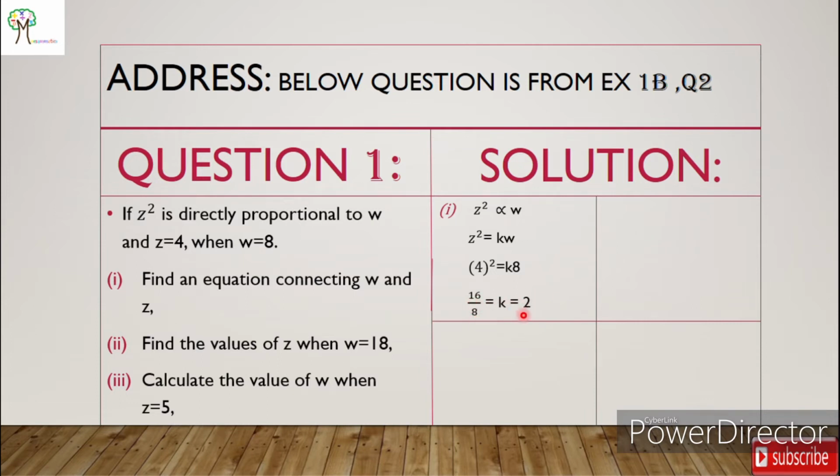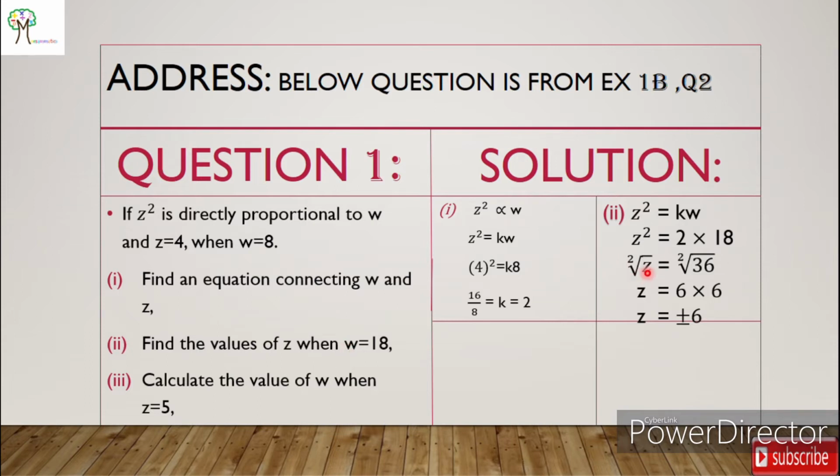The answer would be 2. Now the solution of part 2 is, z square is equal to constant times w. z square is equal to, we don't know the value of z, that's why we have written z only, and is equal to 2 multiplied by 18, because k value is 2 and w value is 18.